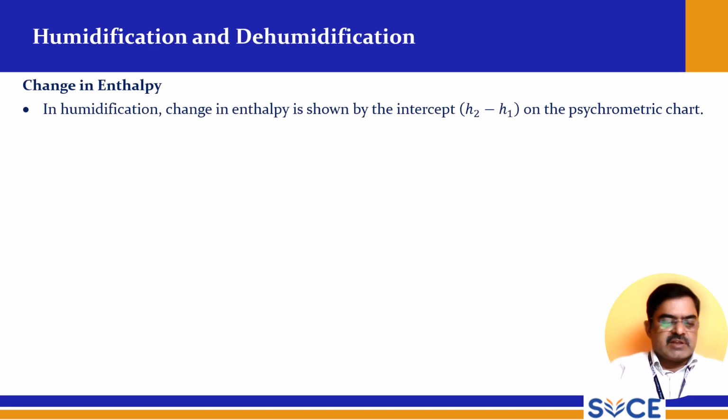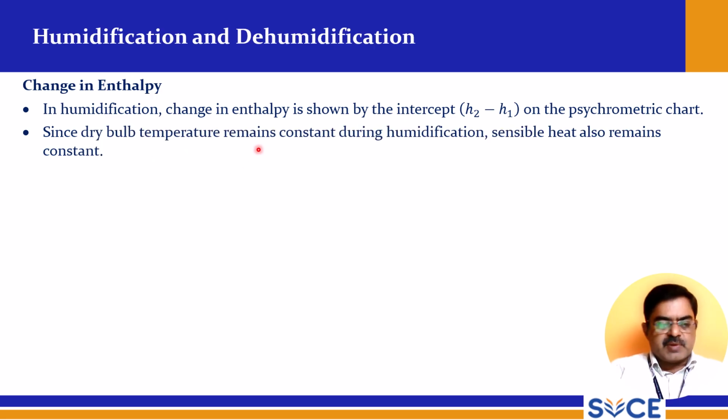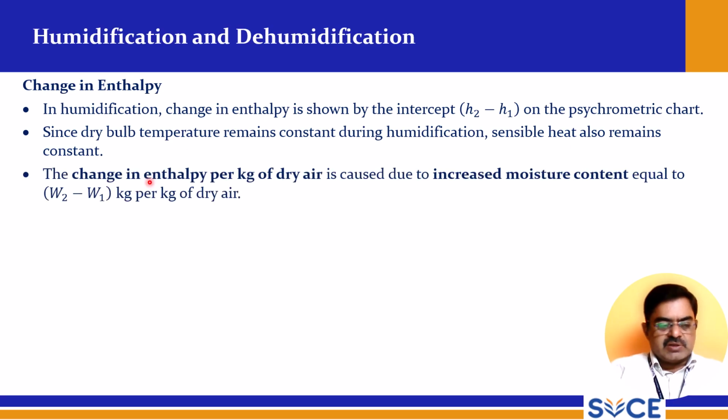The change in enthalpy in humidification is shown by the intercept H2 minus H1 on the psychrometric chart. Since dry bulb temperature remains constant during humidification, sensible heat also remains constant. The change in enthalpy per kg of dry air is caused by the increased moisture content, equal to W2 minus W1 kg per kg of dry air.